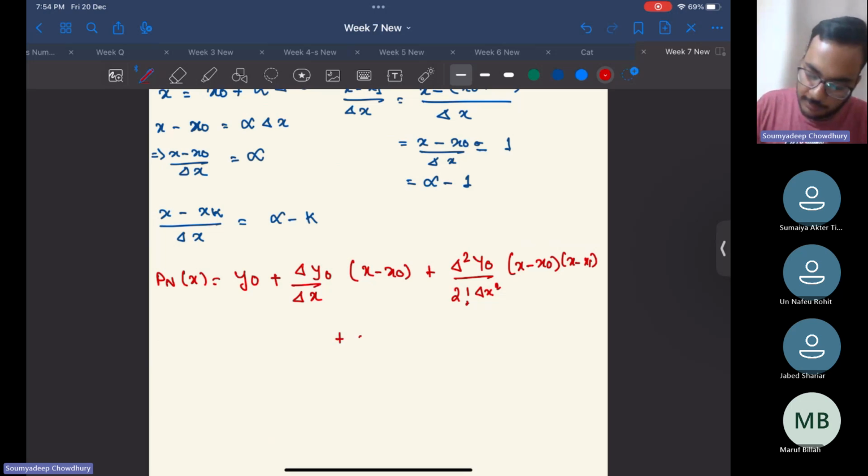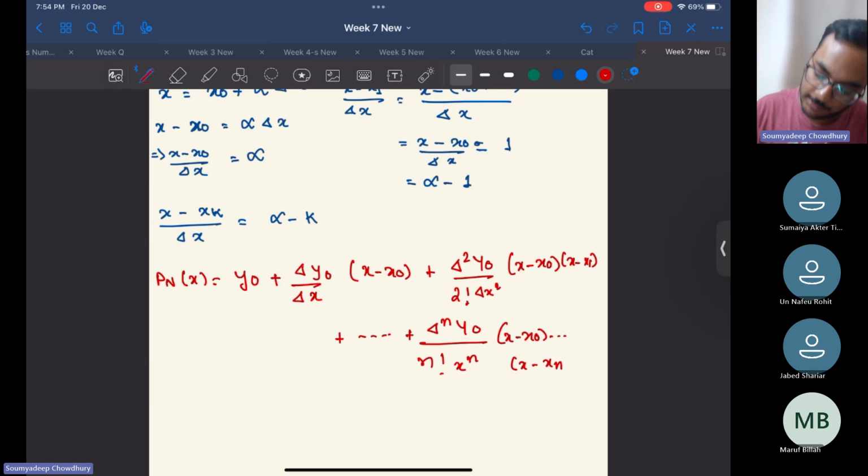Like this, we have up to the nth term: del power n y naught upon n factorial delta x power n, into x minus x naught, dot dot dot, up to x minus xn minus 1.